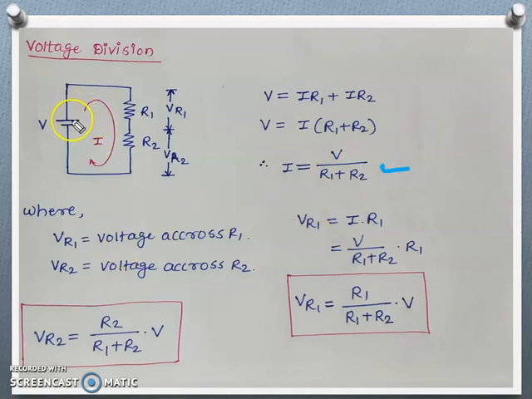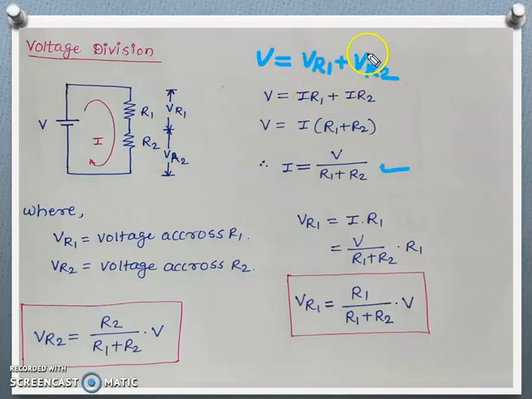Now here we have to find what is the voltage across R1 and what is the voltage across R2. We know that this is the applied voltage, the total voltage across this series combination of R1 and R2. So the voltage gets divided here, some part across R1 and some part across R2, and the total voltage V can be written as VR1 plus VR2.